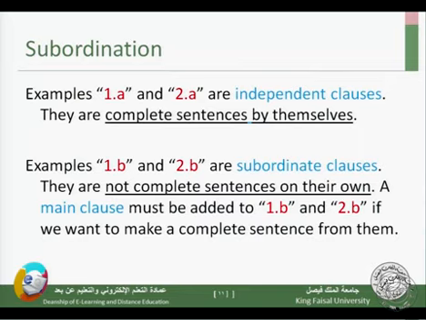And this is just restating what I just said. 1a and 2a are independent, they are complete sentences by themselves. 1b and 2b are subordinate clauses. They are not complete sentences on their own. They must be added to a main clause if we want to make a complete sentence out of them.